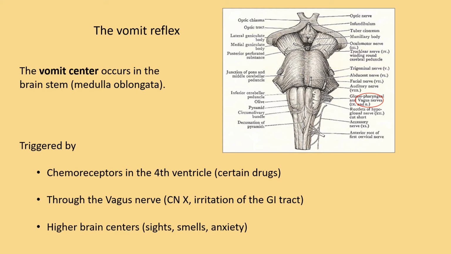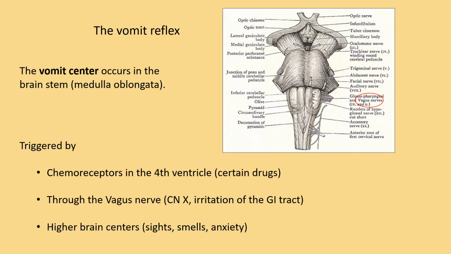So another stimulus that can trigger the vomit reflex is irritation of the GI tract. So let's say you ate something that has the potential to be poisonous. Like all the time, people forage for wild mushrooms, and people who don't know what they're doing, or even people who do know what they're doing, can accidentally ingest a poisonous mushroom instead of a safe mushroom.